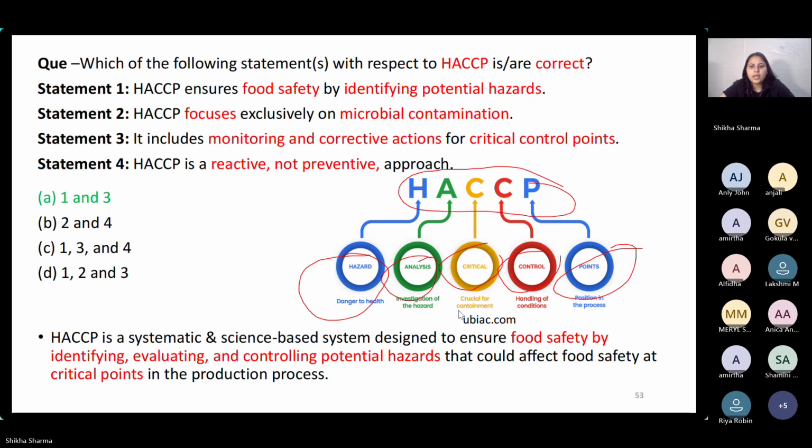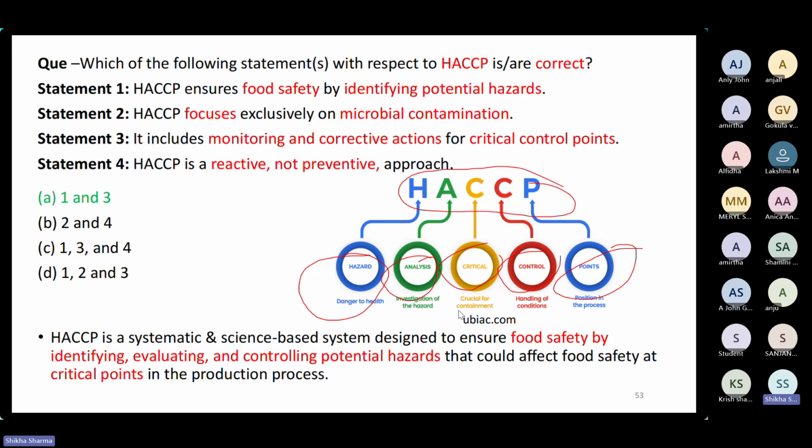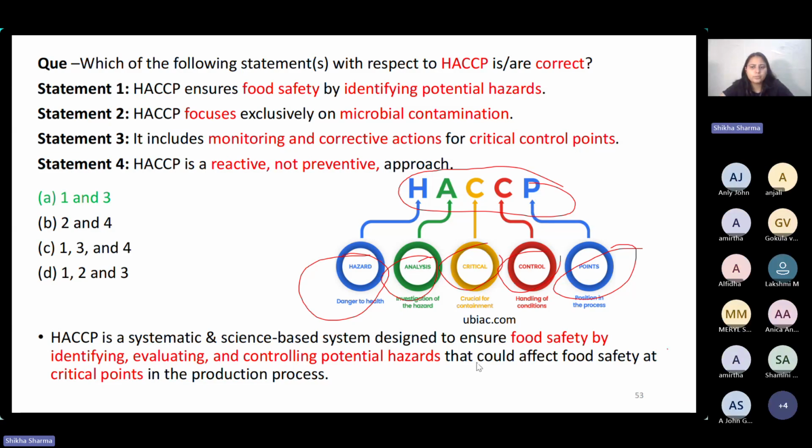Critical means crucial, and control means we should handle those critical points to reduce the hazards in the food product.